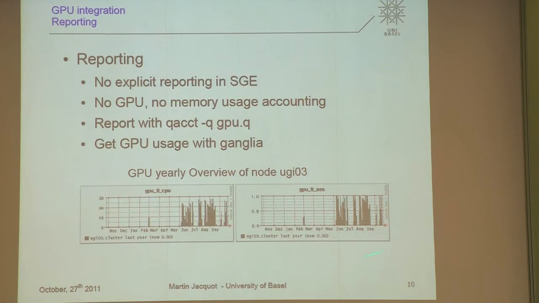This is the URZ part. The physics part is a little bit different because they use the BigTFT code and they don't necessarily go through the SunGrid Engine. They don't every time use the scheduler, so we don't have the same possibilities. But they use the GPUs more often than we do.